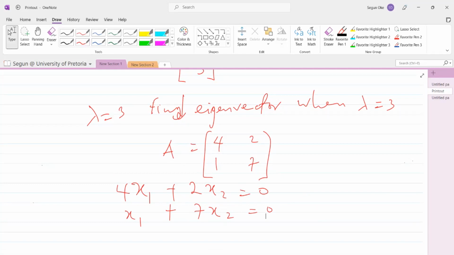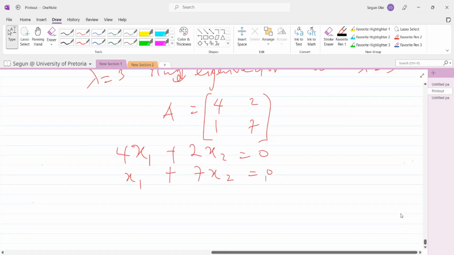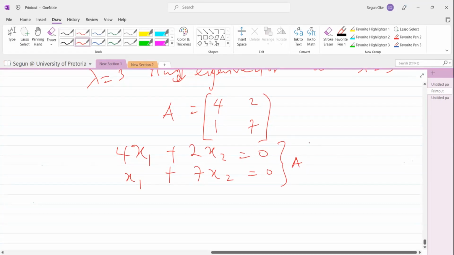This one is straightforward because you have an idea now. So what you do in this case is just write the matrix, call it A. We already call it A here, right? I'll just do it this way: 4 minus 3, 1.